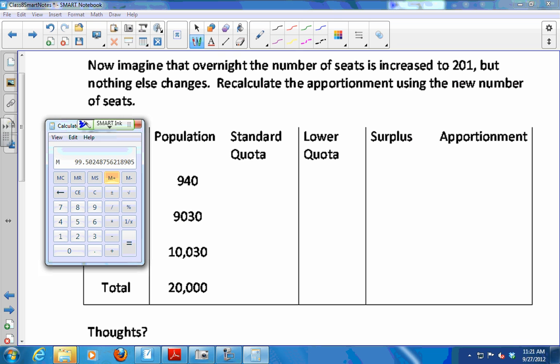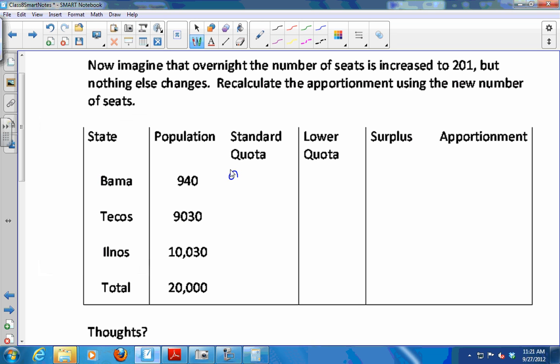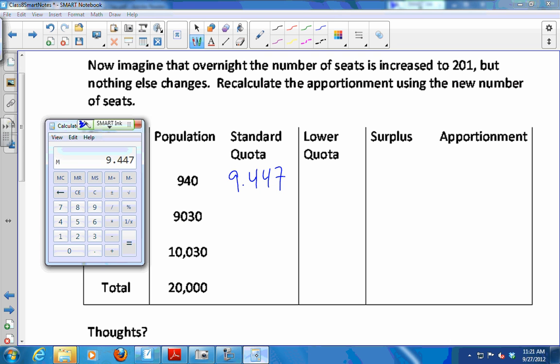So now I'm going to do 940 divided by, and then when I want the number back, I press MR for memory recall. So I have 9.447. Then I'm going to do 9,030 divided by that 99.5 number, and I get 90.7515.